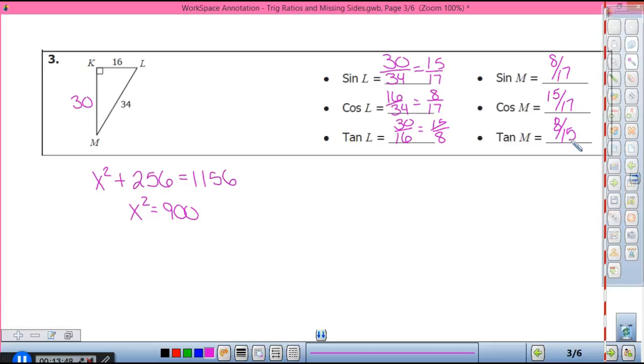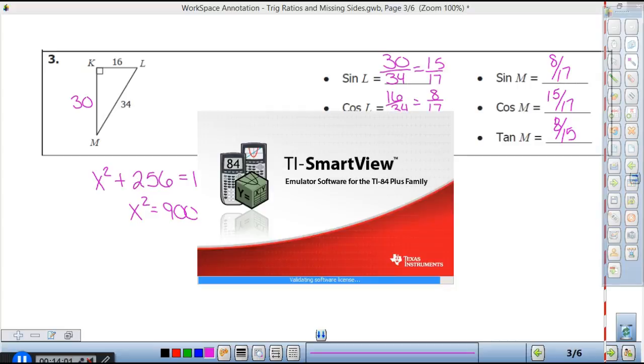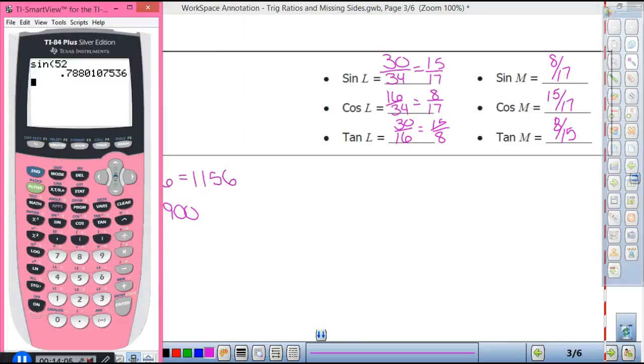All right. So now in your calculator, we need to make sure that all of your calculators are in degree mode. If you've got one of my calculators, you need to hit mode, which is right next to the second button. If radian shows up, you gotta go down, down, over, and hit enter.